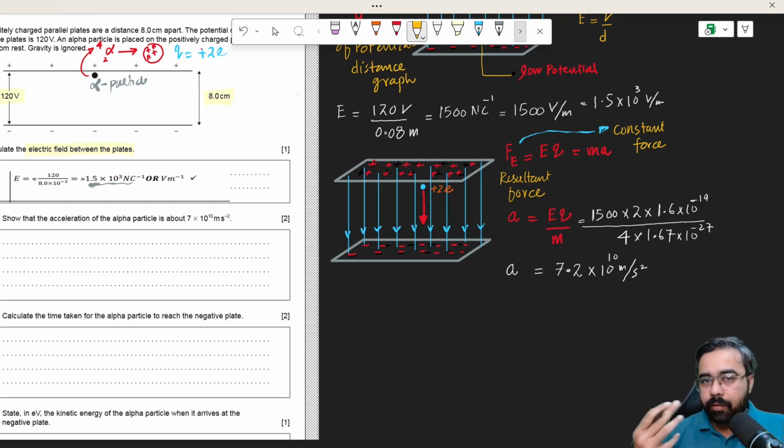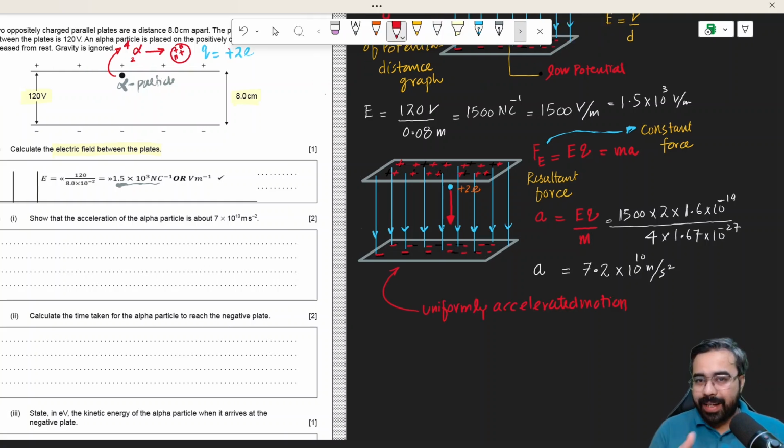So when the electric force is not changing, it will create a constant acceleration. So we can say it is an example of uniformly accelerated motion, which allows us to apply the SUVAT equations. You know that we always apply the SUVAT equations to find these physical quantities.